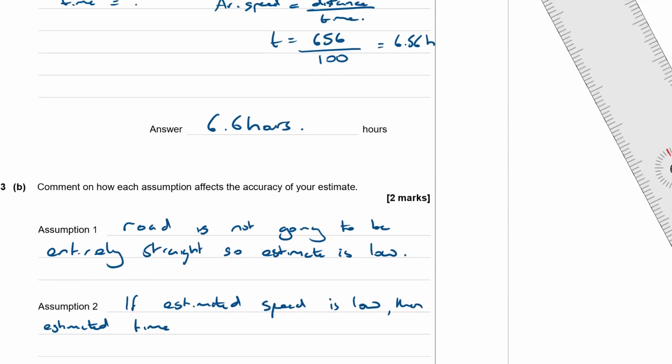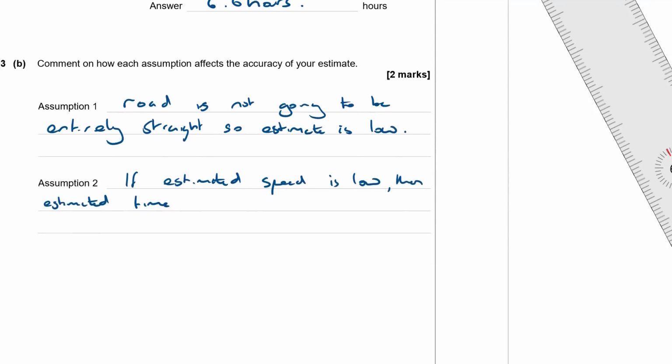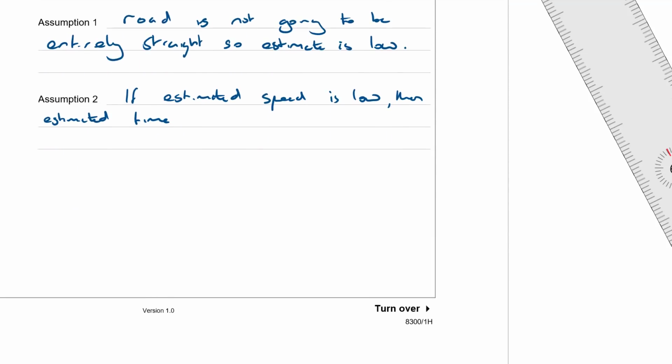If I've underestimated the speed, then I'm dividing by a smaller number than I would otherwise do. So the real number would be higher than that, so the time would be lower. So that means the estimated time would be high. And vice versa.